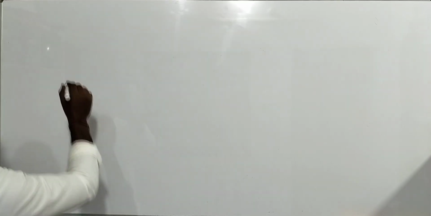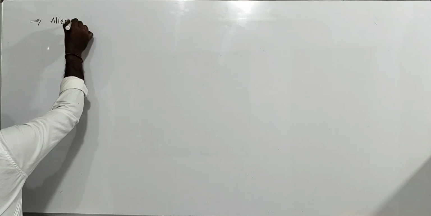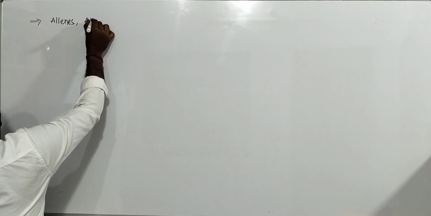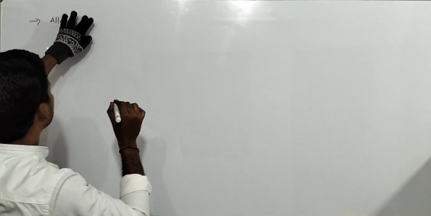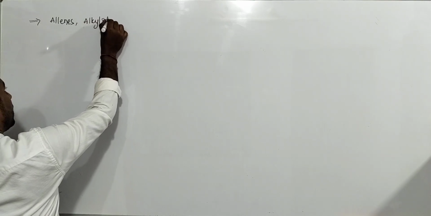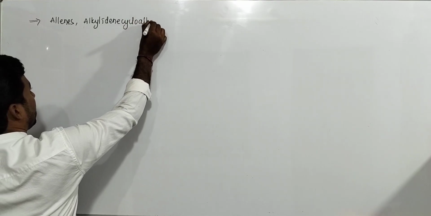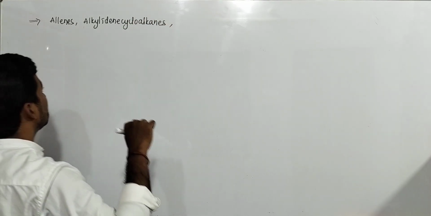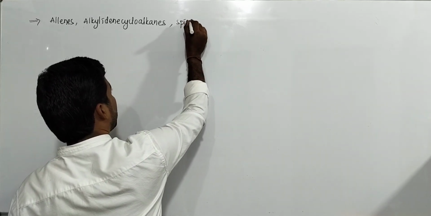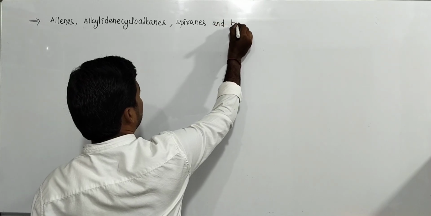Next one, allenes. Allenes means cumulative dienes. Alkylidene cycloalkanes, allenes, spiranes, and biphenyls.